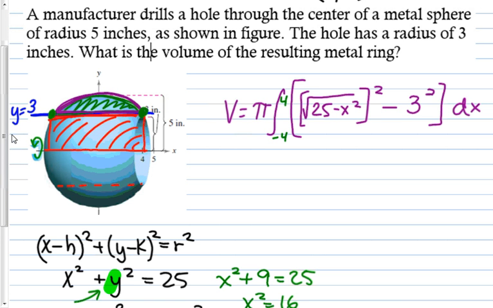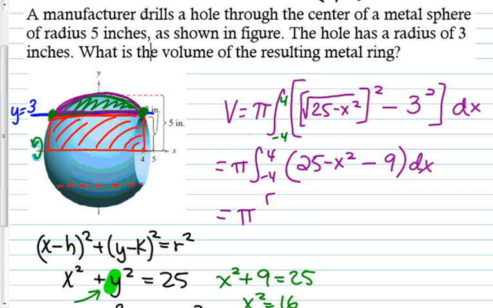Now the beauty here is that the square root of 25 minus x squared, squared, becomes just 25 minus x squared. That's nice. Minus 9. You're still integrating. Oh, and of course, 25 minus 9 is 16. So 16 minus x squared is what you're actually integrating.